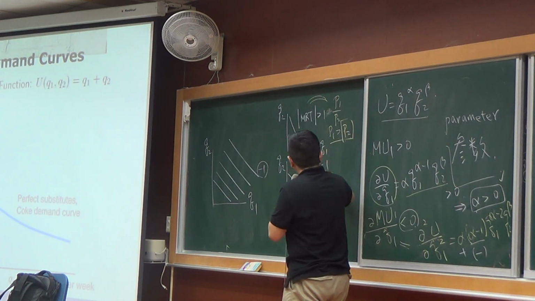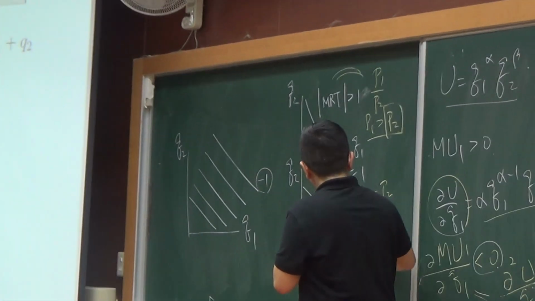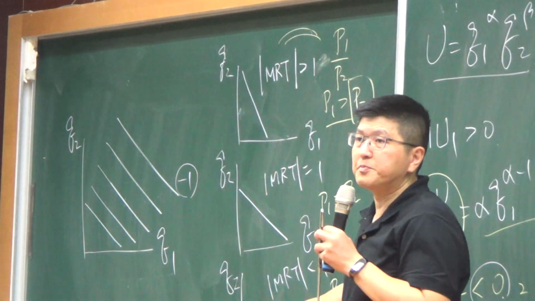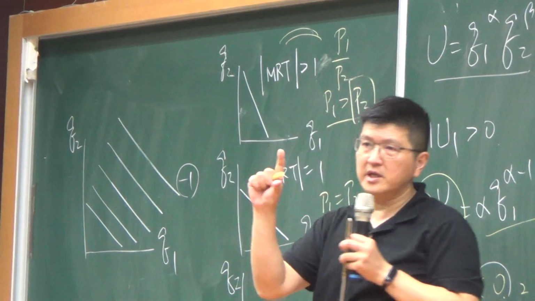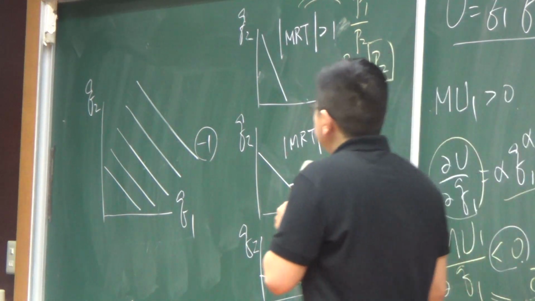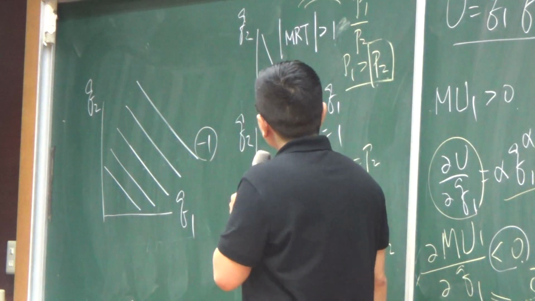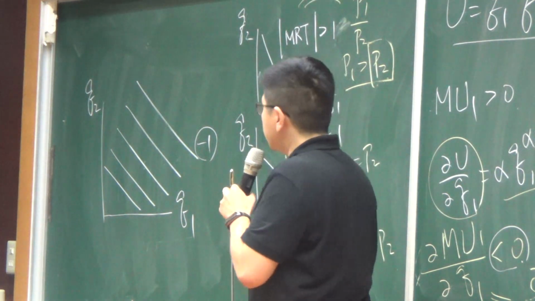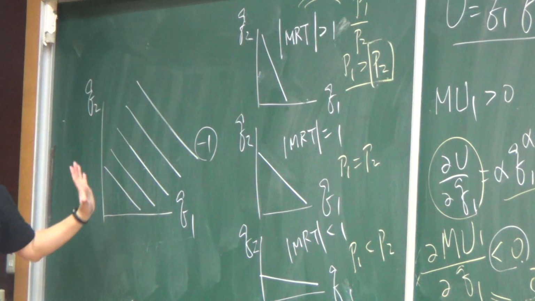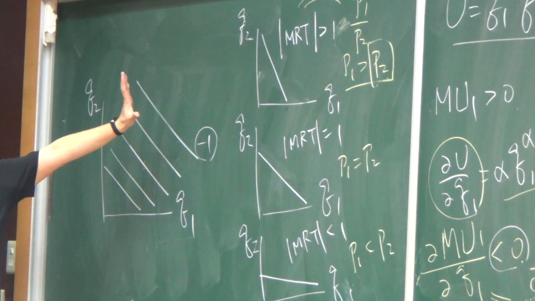In this case, P1 equals P2. In this case, P1 is less than P2. So we may buy a lot of good 1, but just only a certain amount of Q2. Okay? So, what do you think? In the very first case, with this preference, this taste, our indifference curve looks like this.